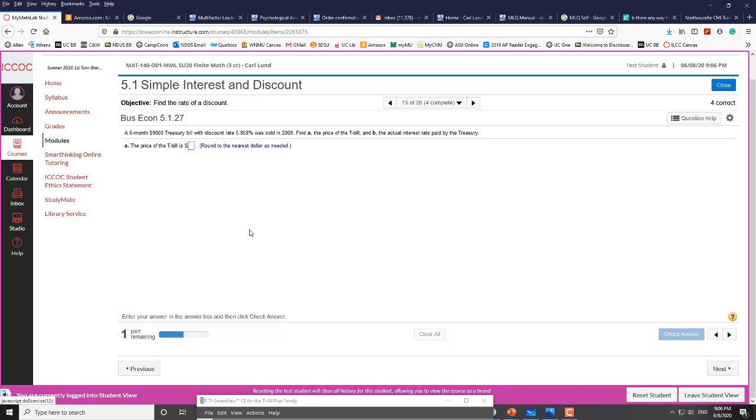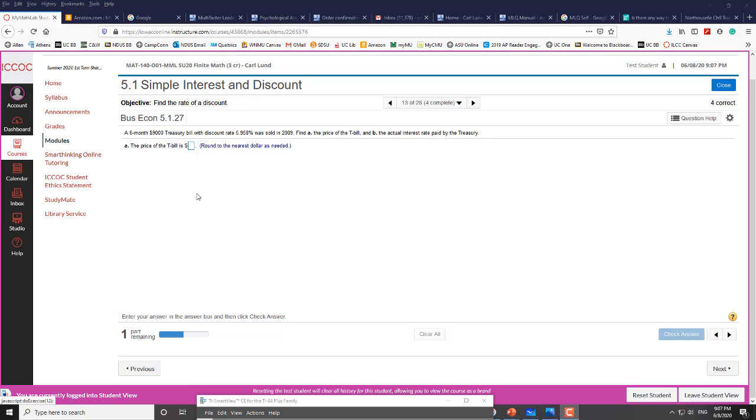It was sold back in 2009. We want to find the price of that treasury bill and the actual interest rate that was paid by the treasury. And the thing about discount rate is that it's not the same as this.